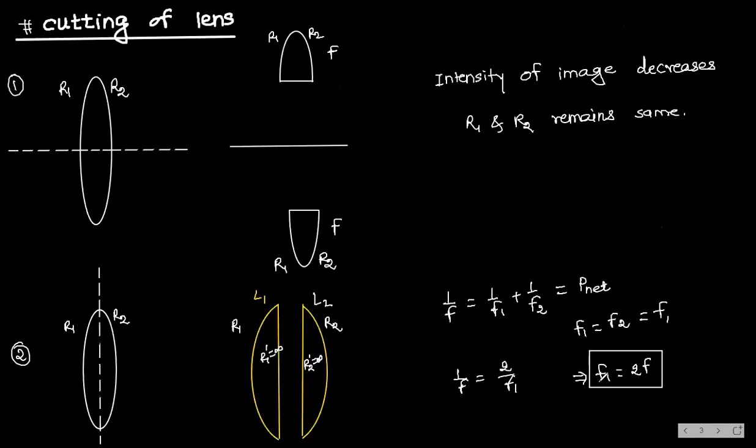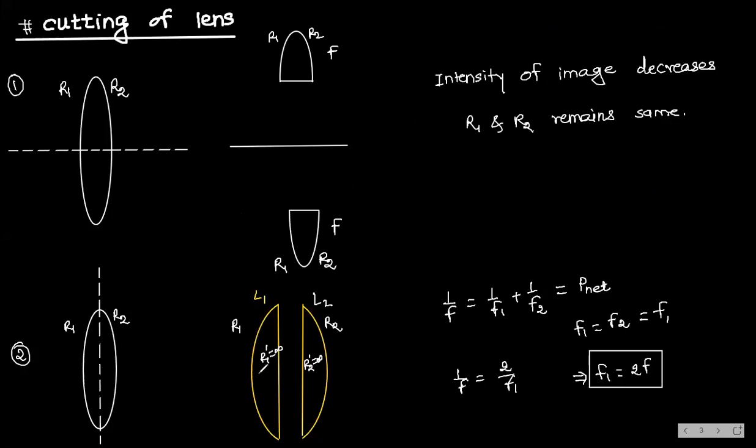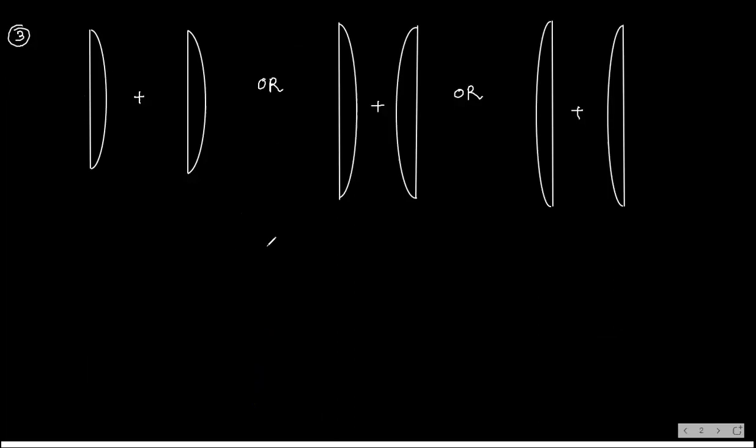Yes or not? So what we got? F1 is equal to 2F, F2 also 2F. F1 is 2F for this part. F2 is also 2F only, because already I mentioned F1 is equal to F2 is equal to F1. So in this case, for all these structures, 1 by F net is equal to 1 by 2F plus 1 by 2F.